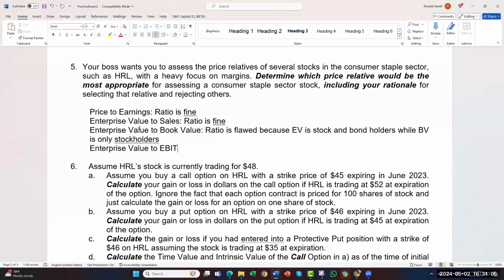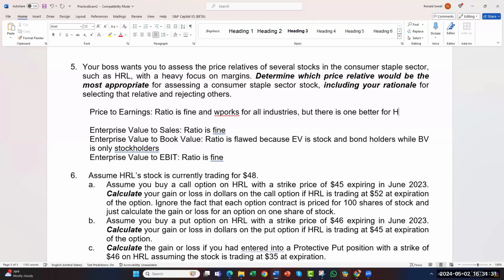EV to EBIT is fine. Ratio is fine. So the question is, does it make sense? Is this a consumer staple, a retail stock? Ratio is fine on price to earnings and works for all industries, but there is one better for HRL.